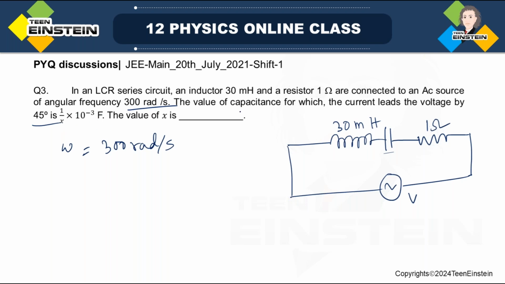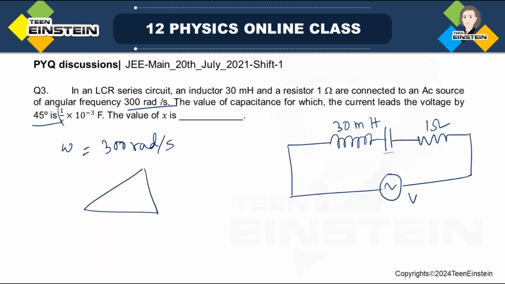So the value of the capacitance is not given, but if the capacitance becomes 1 over x into 10 to the power minus 3 farad, then the current will lead the voltage by 45 degree. That means the phase angle is given. So in case of an LCR series circuit, how do you calculate the phase angle?